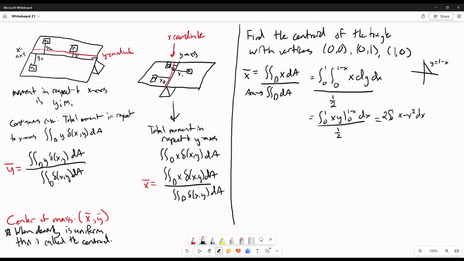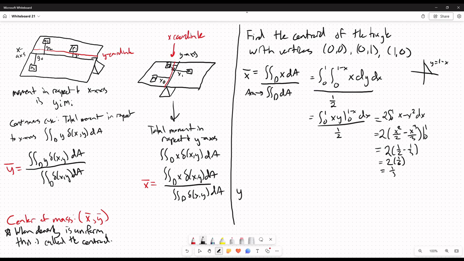We'll just write that as 2. So that's going to be 2 times x squared over 2 minus x cubed over 3, evaluated from 0 to 1, which will be 2 times 1/2 minus 1/3, which will be 2 times 1/6, which will equal 1/3. Okay.